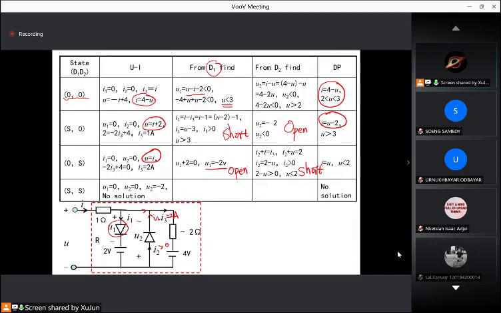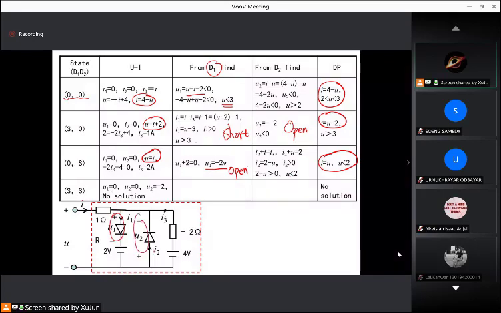And then the solution is I equal to U. And then we assume the D1, D2 are all short. U1 short, D1 short, it will be 0. D2 short will be 0.